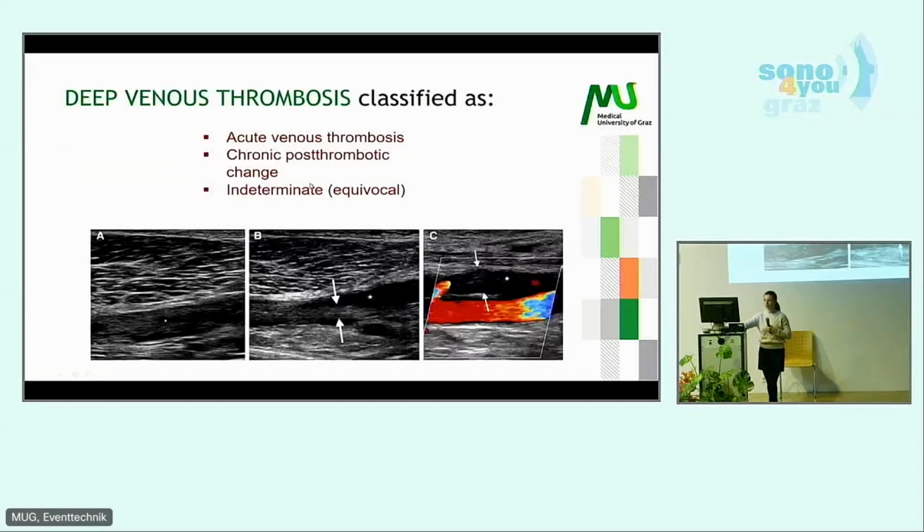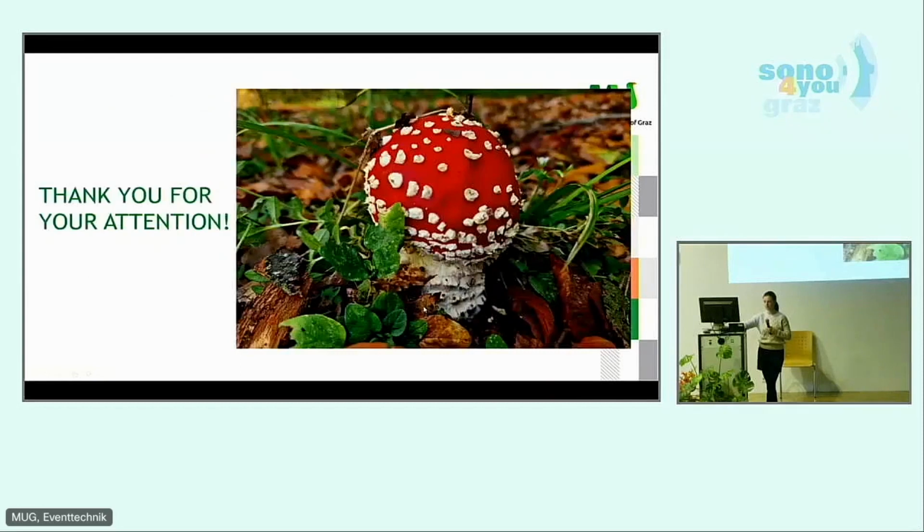When you write your report, there are 3 things you need to summarize at the end: is it acute venous thrombosis, chronic post-thrombotic change, or both, like in this image, where there was an old DVT and a new thrombus came. So that's it, and I will show you shortly how I do it.